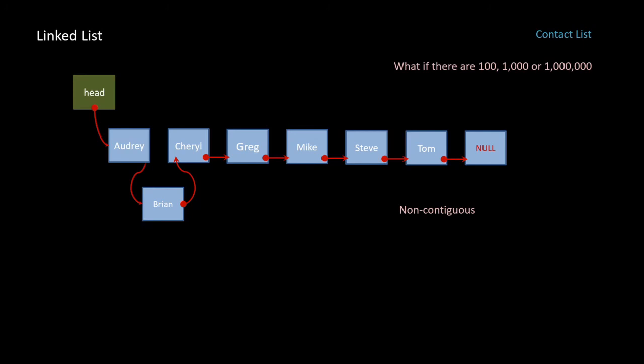Notice that the head is actually pointing to the other class, the node class that's holding the name Audrey and the pointer. So I've got basically a head class that's going to be pointing to a contact class. I've got my start point pointing to the very first model or template of what all of my contacts are going to look like.